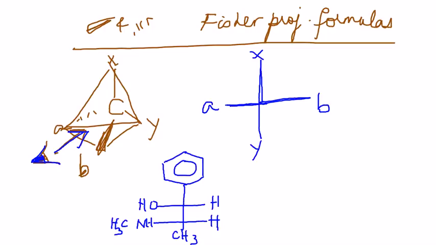If somebody asks you how many stereogenic centers are present over here, hopefully you can see that there are two. So here you have one, here you have two, the second one. So when you give the priority order, oxygen of course is going to get the highest priority, hydrogen is going to get the least priority.